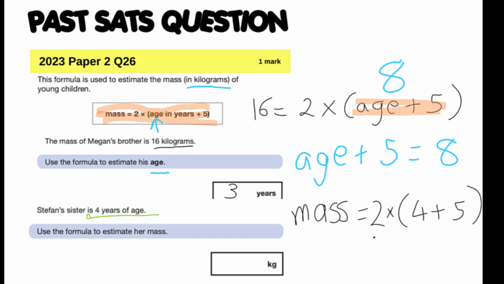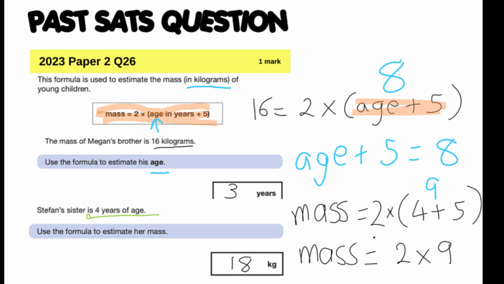Now we can do the bit in brackets. 4 plus 5 is 9. So the mass is the same as 2 times 9. We know 2 times 9 is 18. So Stefan's sister is 18 kilograms.